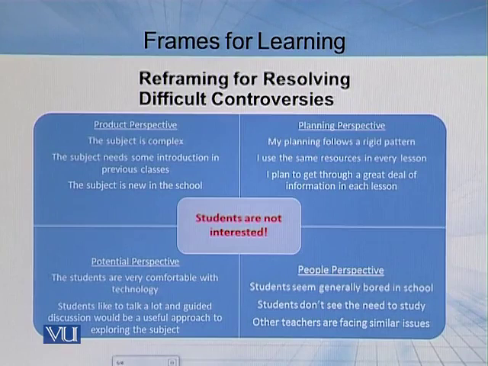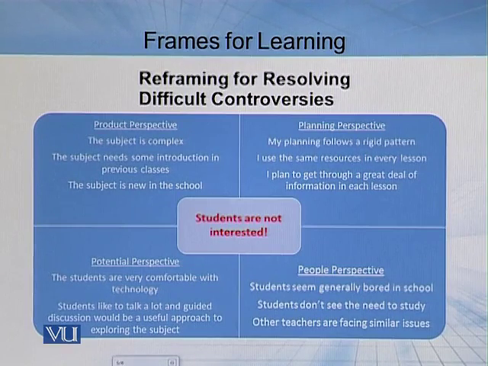By looking at it from a planning perspective, we can then start to think about how we're actually working with students in terms of the subject content. For example, are we planning our lessons in very rigid and strict, fixed ways, rather than being much more diverse and flexible about it?